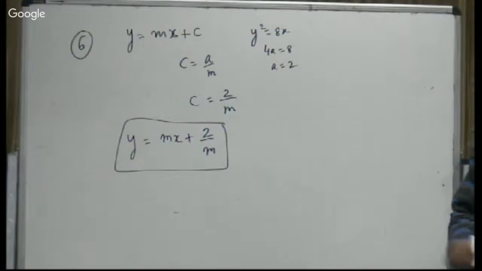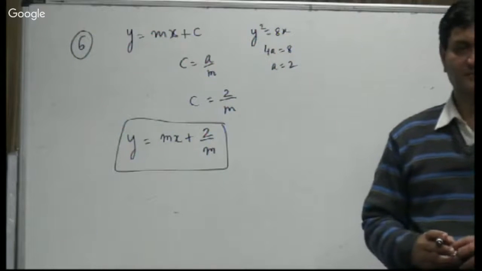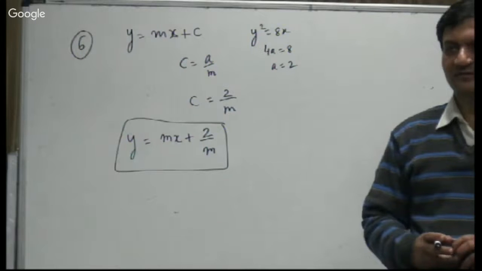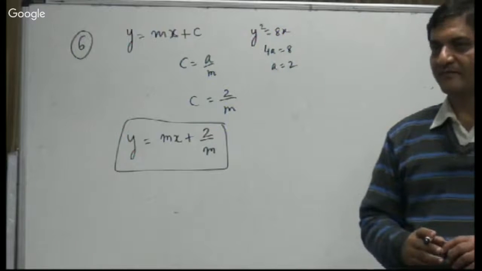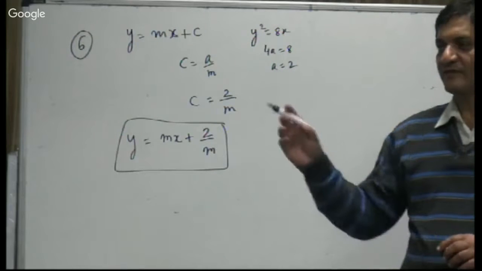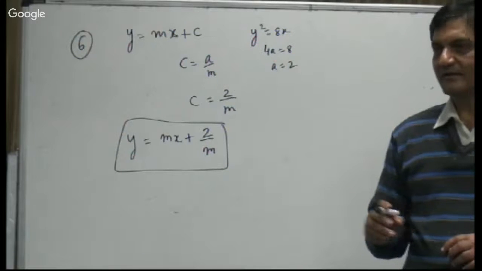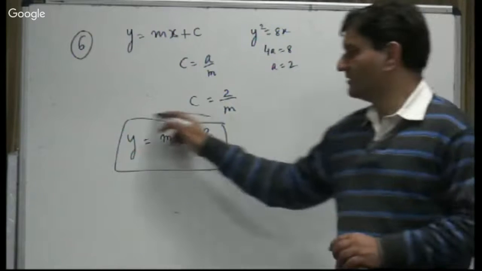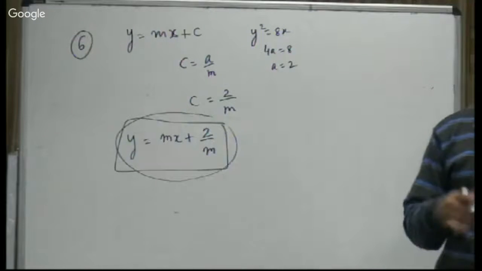Now how can you find the value of m? See, using the equation of the parabola, we can find a. So y equal to mx plus a by m. A is 2, so this is in terms of m only. This is the tangent. Now how to find the value of m?